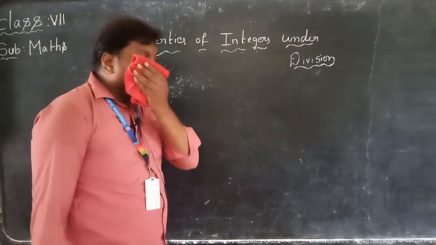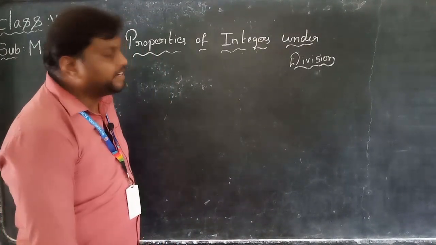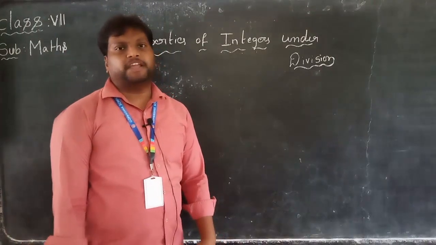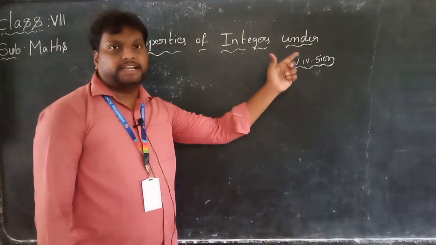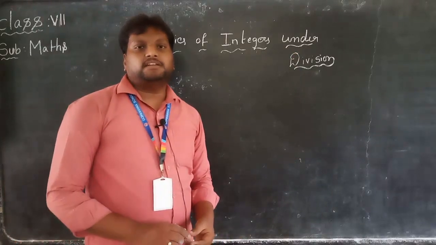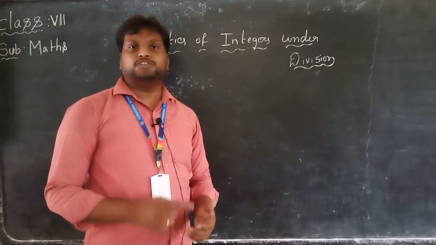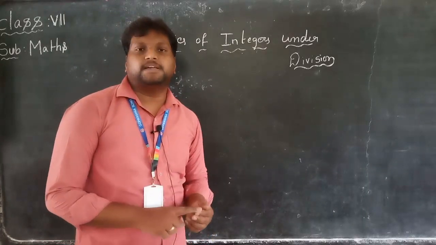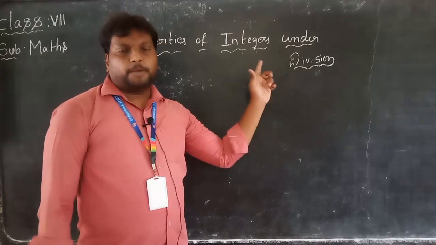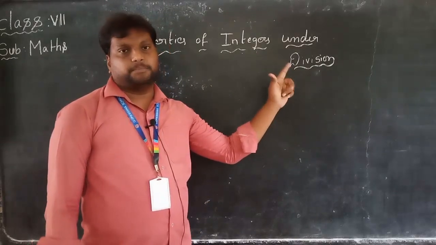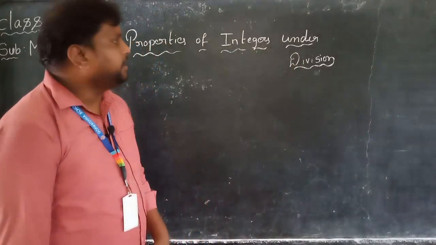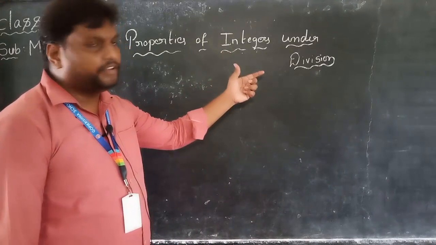See students, in previous classes we completed so many properties under addition, under subtraction, under multiplication. Now we will discuss under division. Okay, I will repeat again. Under addition and under multiplication, closure property is applicable, commutative property is applicable, associative property is also applicable. But under subtraction, only closure property is applicable, not commutative property. Like that, now properties of integers under division also.